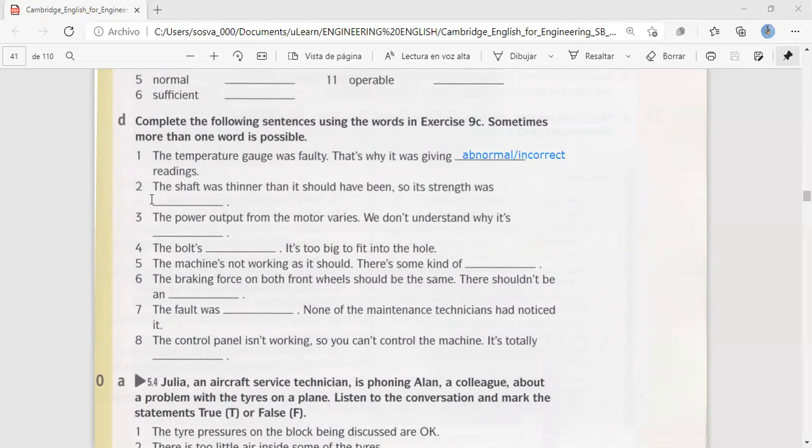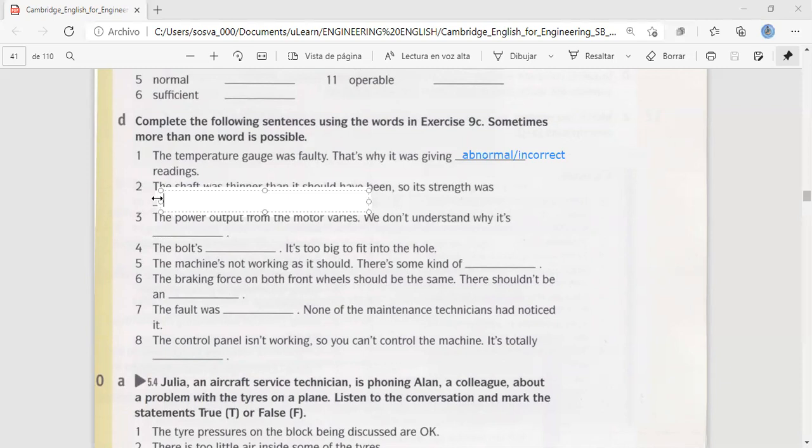Could you please read number two? The shaft was thinner than it should have been. We're talking about strength.